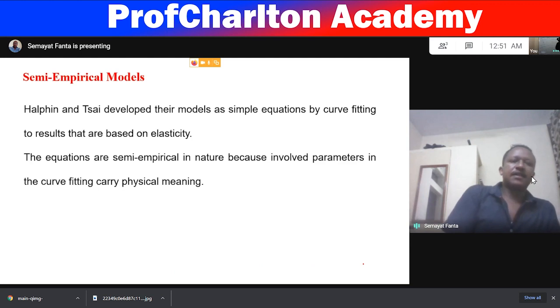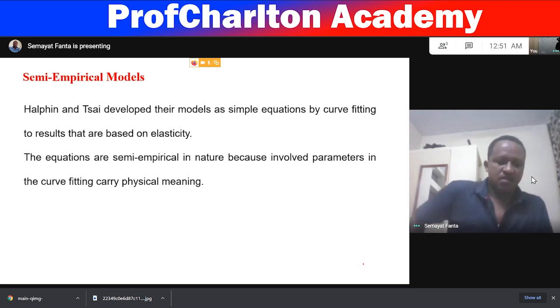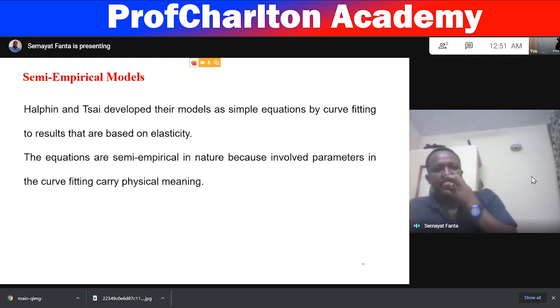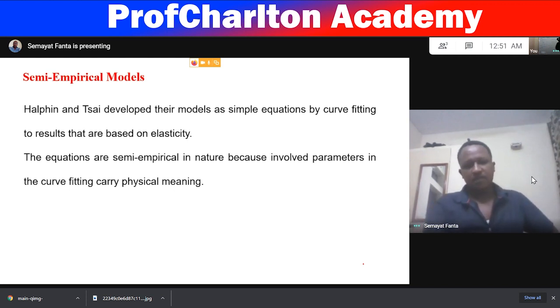So the next is the semi-empirical model. Okay. Halpin and Tsai developed their model as a simplification by curve fitting to results that are based on elasticity. So the equations are semi-empirical in nature because the parameters involved in the curve fitting carry physical meaning.